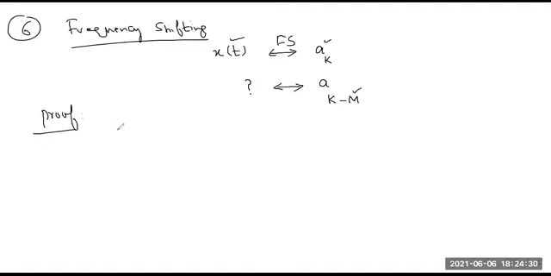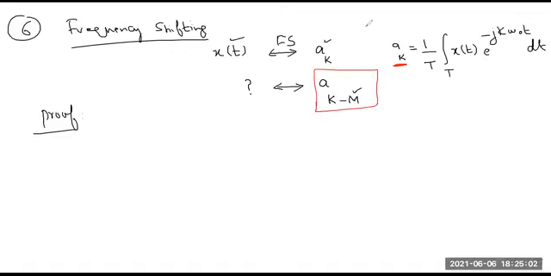Keep in mind the standard equation: the Fourier coefficient a k has this representation. So what is going to be the representation of this new Fourier series coefficient?